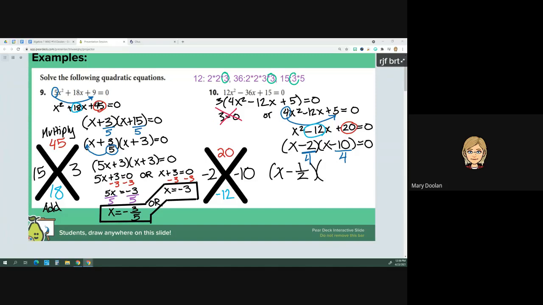And we would also get what? Negative 10/4. We're going to simplify that one. 10's prime factorization is 2 times 5. 4 is 2 times 2. There are common factors. So the simplified version, it's still improper, but that's okay for this.